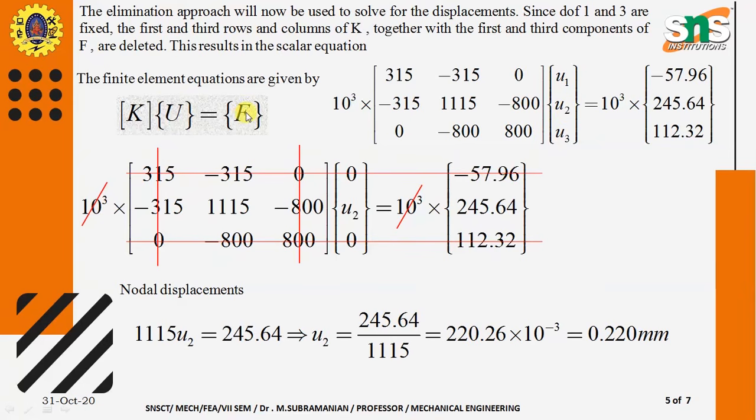The next global force vector is 10 power 3 times minus 57.96, 245.64, 112.32. The elimination approach will now be used to solve for the displacement, since degrees of freedom 1 and 3 are fixed.